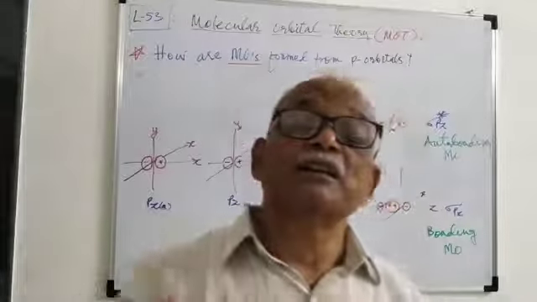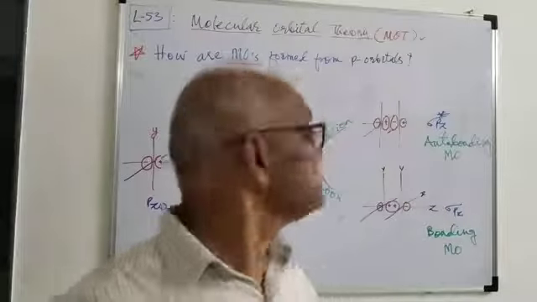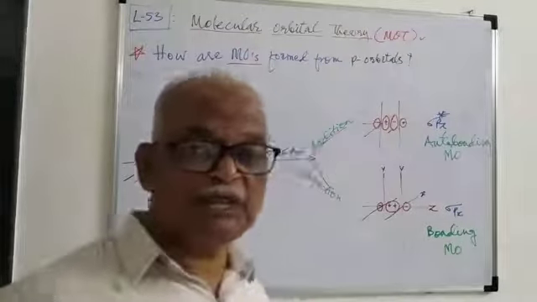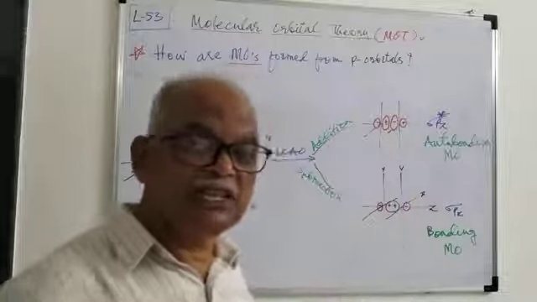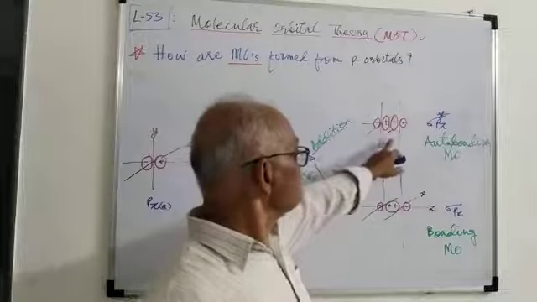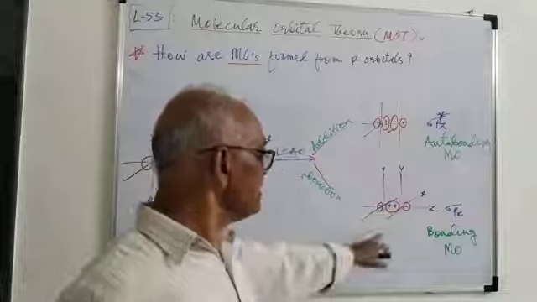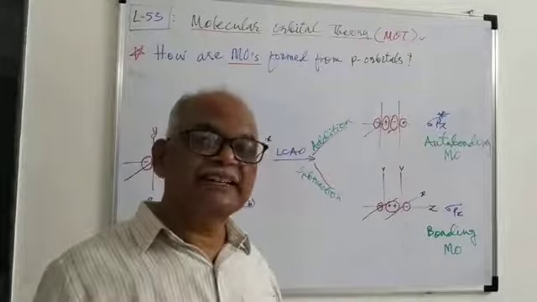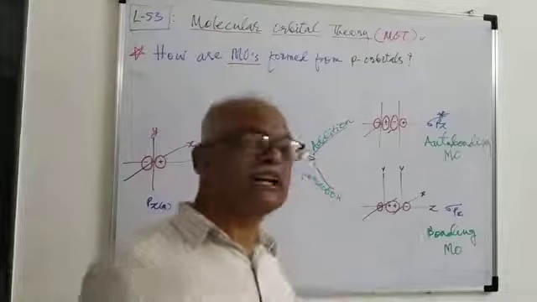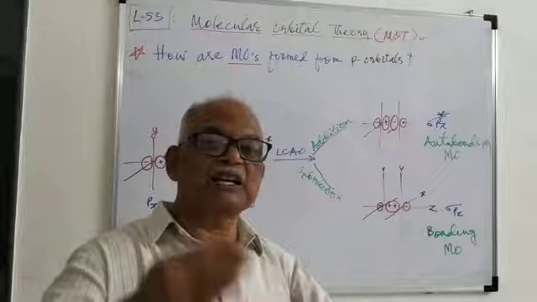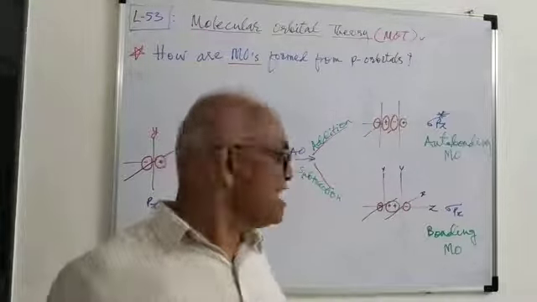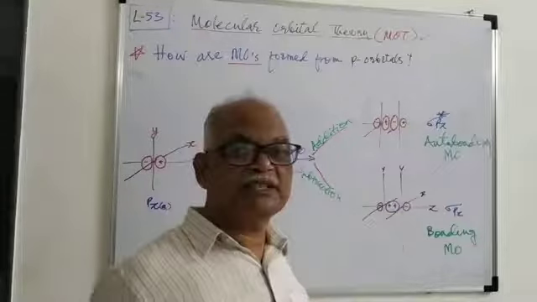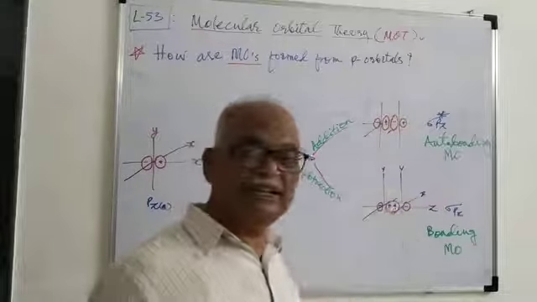Because of this antibonding nature, meaning the signs of wave functions are opposite, repulsive forces are developed between these two clouds. As a result of this, their energy increases, and in this case you will find that the two lobes are added together like two mathematical terms. As a result, two electron clouds come together and become a larger electron cloud, as a result of which the electron density is concentrated between the two nuclei.